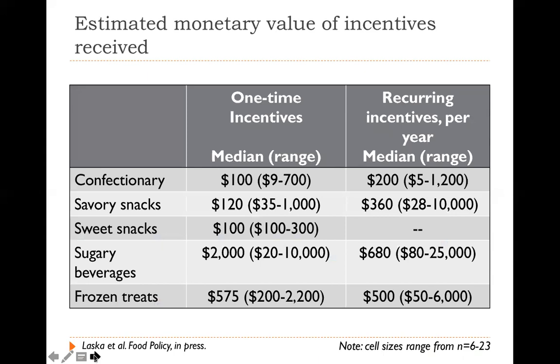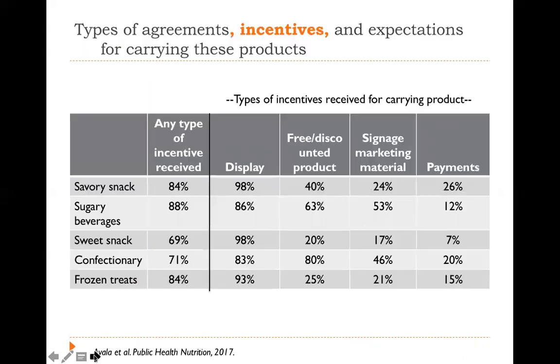The calculations can be fairly complex, and it's not a straight shot of just 10%. They said, gosh, I just can't really say. But you see in general from the data that we have, the incentives they get can be highly variable, both across stores as well as across product type. Next slide, please.